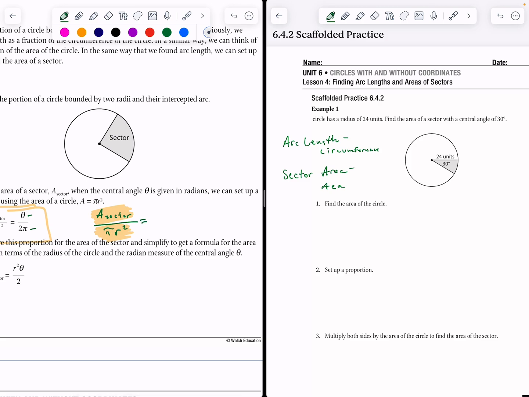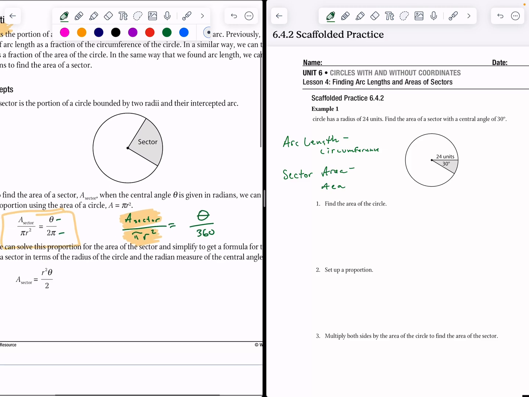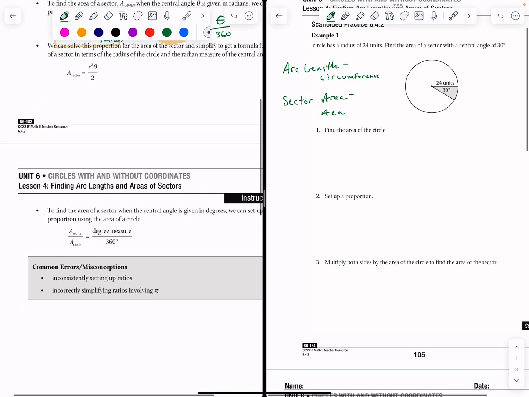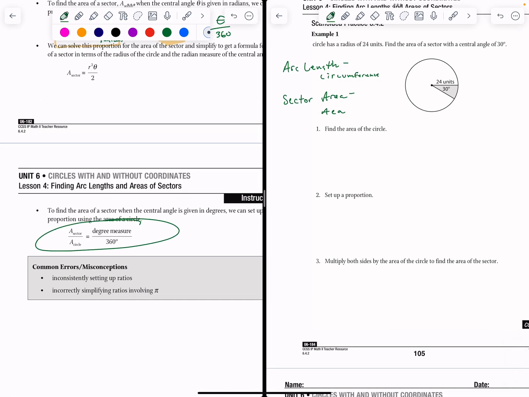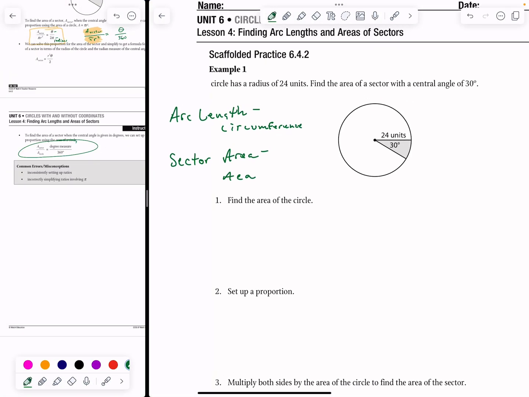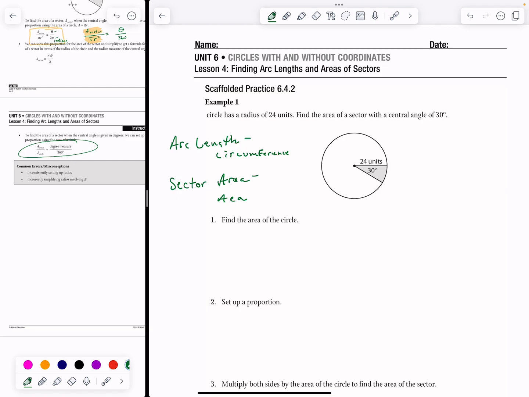If it was degrees, it'd be theta over 360 instead of theta over 2 pi. This is radians, and on the right is degrees. Okay, let's go left here.